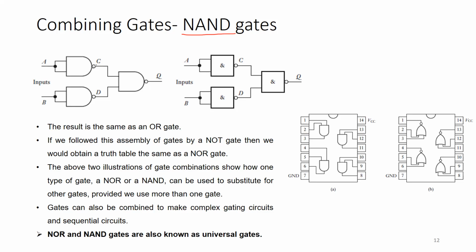Putting a small circle in front gives you a NAND gate. So if you see the NAND gate here, what is happening? The output over here will be equal to the OR gate. And again, putting a NOT gate in front of it will give you a NOR gate.